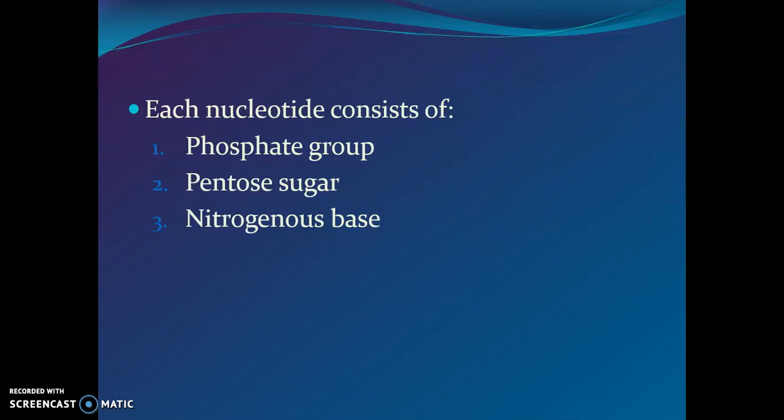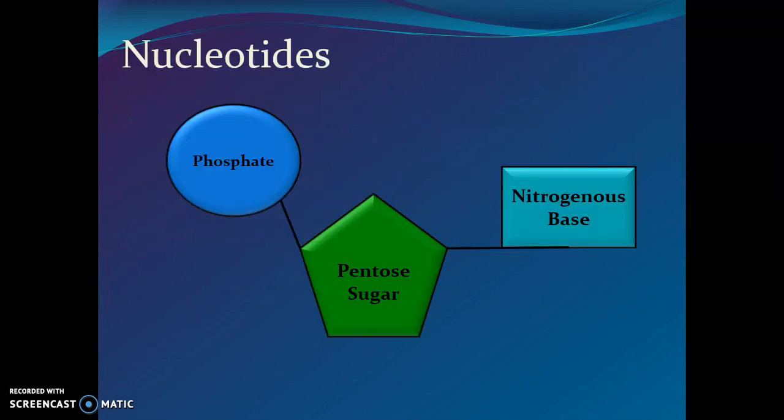Each nucleotide which makes DNA a polynucleotide consists of three parts: 1. Phosphate group, 2. Pentose sugar, 3. Nitrogenous base. So the structure of a nucleotide looks like this. On the top is the phosphate, and you are aware of phosphate from ATP.